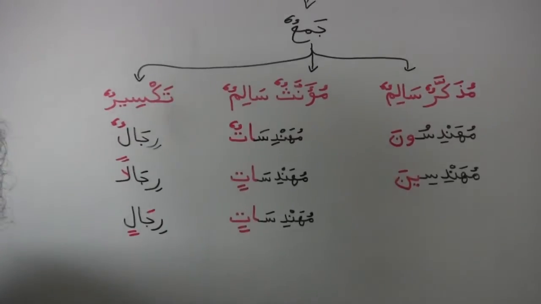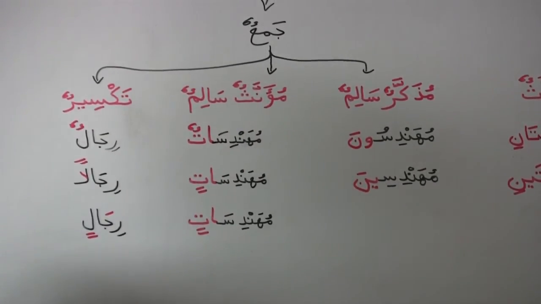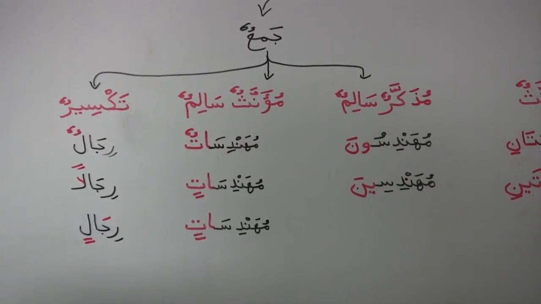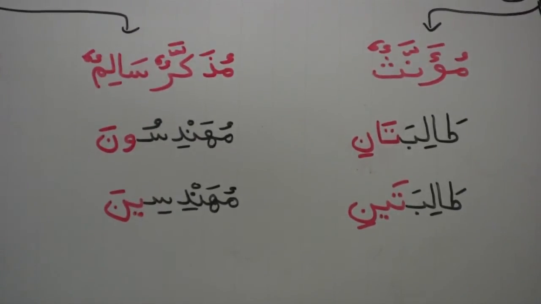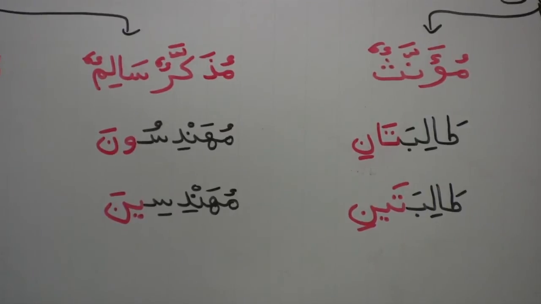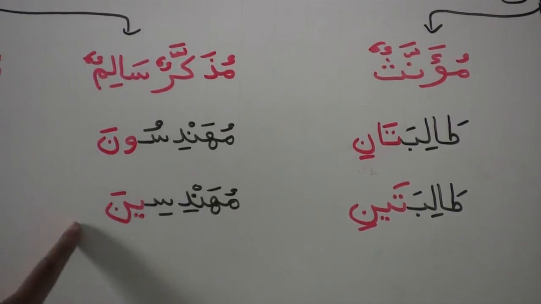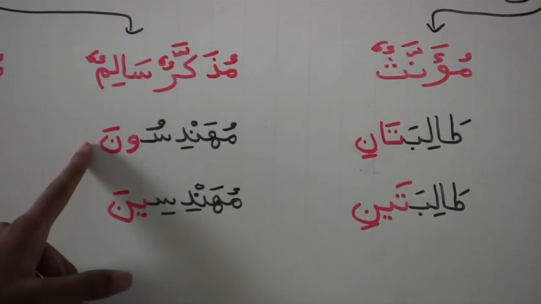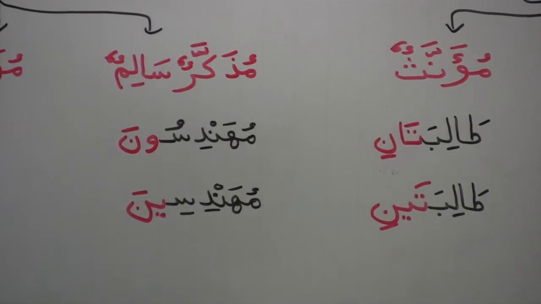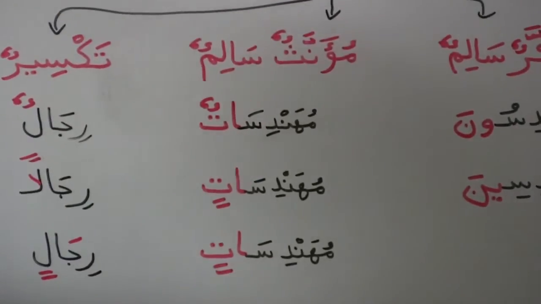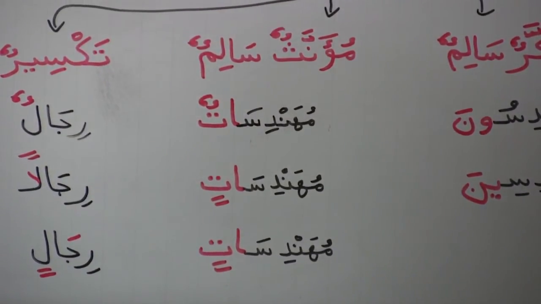Finally, jam'. Jam' is of three types. Mudhakkar salim, we form by adding a waw and a noon. So for example, muhandisun becomes muhandisuna or muhandisina. It's marfu with a waw and it's mansoob and majroor with a ya. Muannath salim, we form by adding an alif and a ta. So muhandisatun becomes muhandisat.